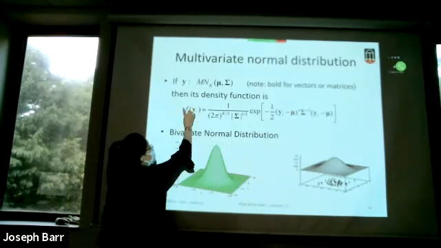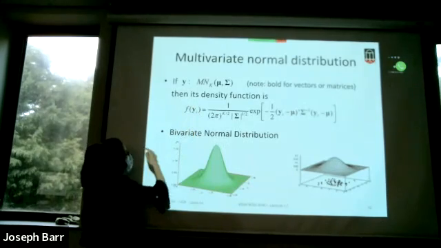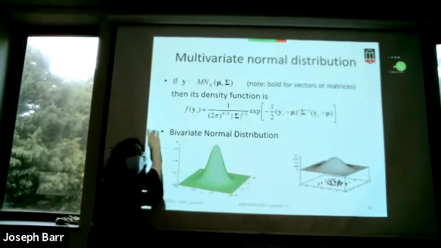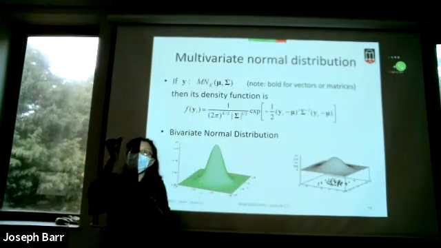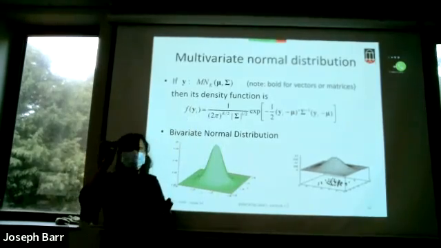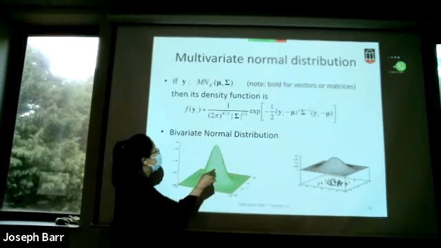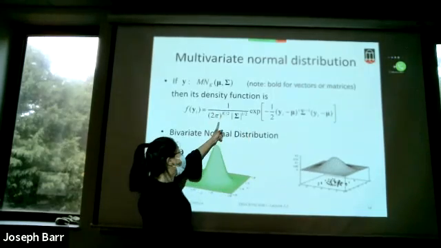Again, we have a definition. We have a density function here, the probability function of y. This y is again the vector. Each variable can take a specific value. What is the probability of that set of values? We have this formula: 2 pi to the power k divided by 2.